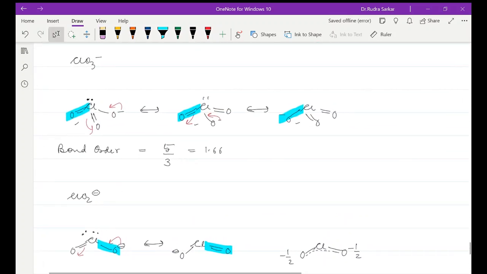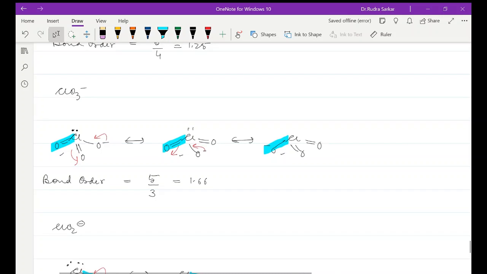What about for the case of ClO3 minus? Now out here again we will say that the charge is delocalized over 3 oxygen atoms, and since the charge is mononegative, it is distributed over 3 atoms. So obviously here the charge will be minus 1 by 3 for each of the atoms.